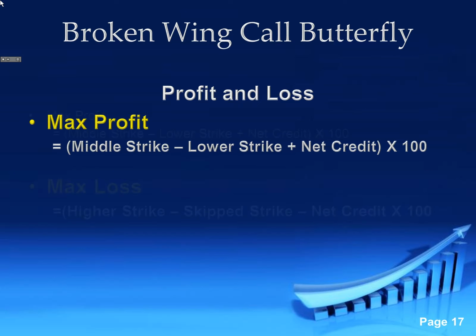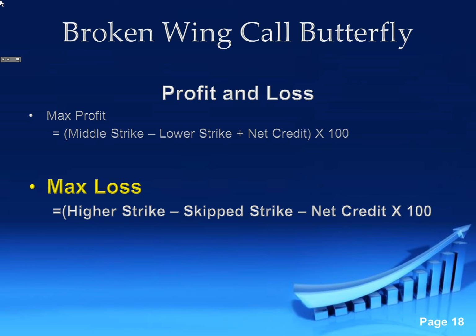And then, of course, our max loss is going to be that higher strike, which we are looking at, the 110. So if the max loss is starting to happen, it's going to happen at that skip strike, which in our case was the 110 calls, right? I skipped that strike, and the 120 calls there, all right? So it's $10 minus the credit because we're collecting a credit.